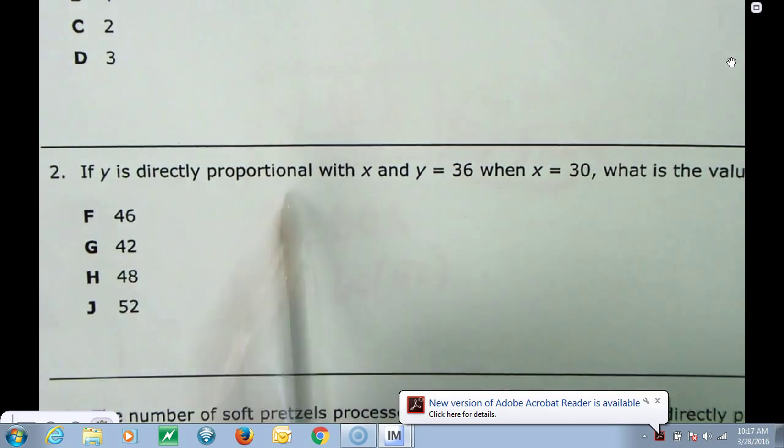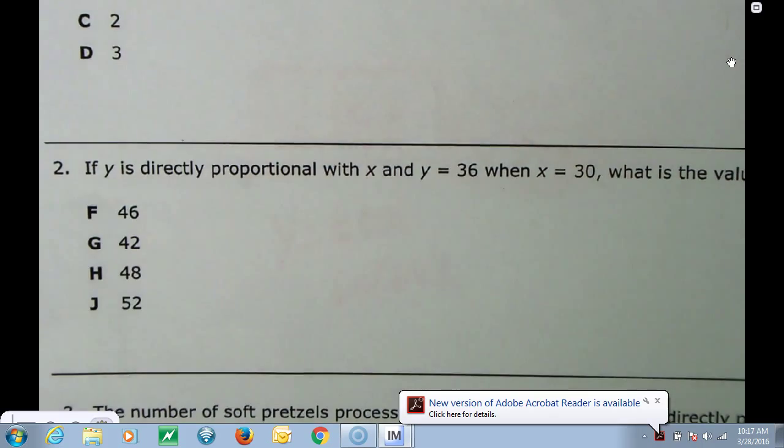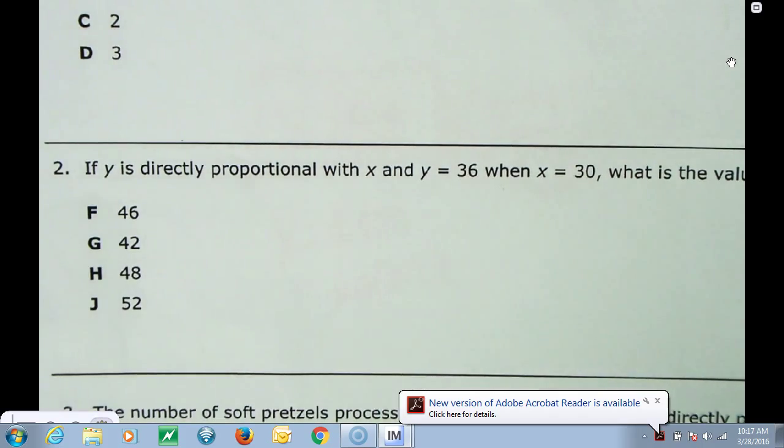Remember, you can write y equals kx. You're going to write y equals kx, find k, and then use k.